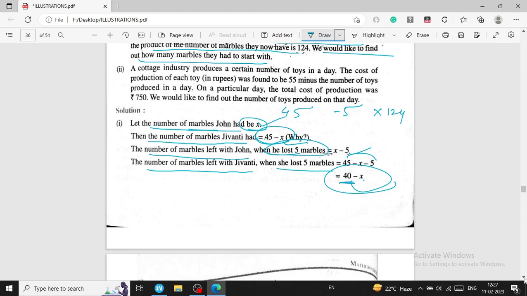In the next question, a cottage industry produces a certain number of toys in a day. The cost of production of each toy in rupees was found to be 55 minus the number of toys produced in a day. On a particular day, the total cost of production was 750. We would like to find out the number of toys produced on that day.